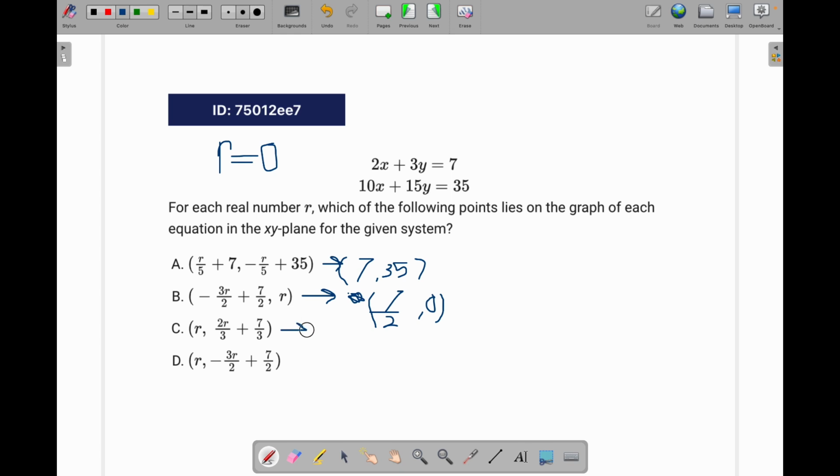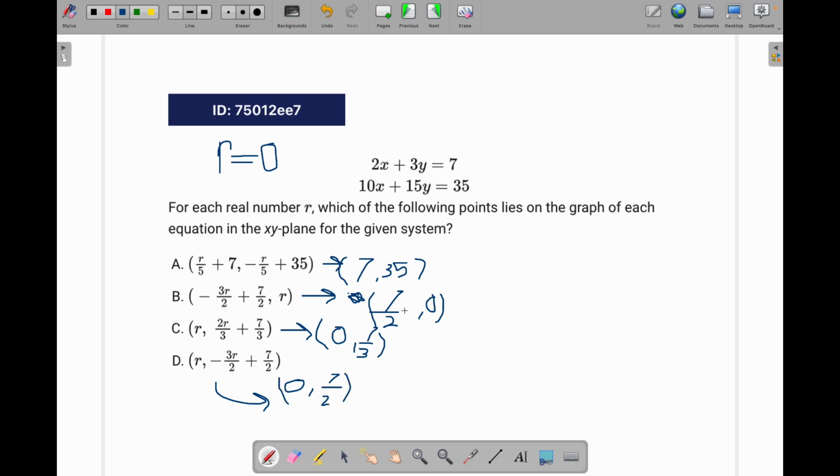This one's going to be 0, 7 over 3. And then this one right here is going to be 0, 7 over 2. So now we've simplified the answers by just plugging in r as 0.